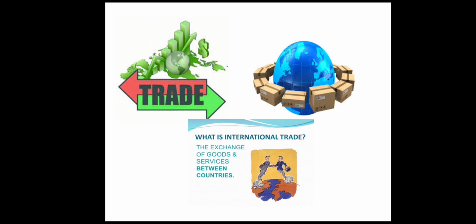Then what is international trade? Dear students, international trade is the exchange of goods and services between two or more countries. And this trade may take place through sea routes, air routes, or land routes.